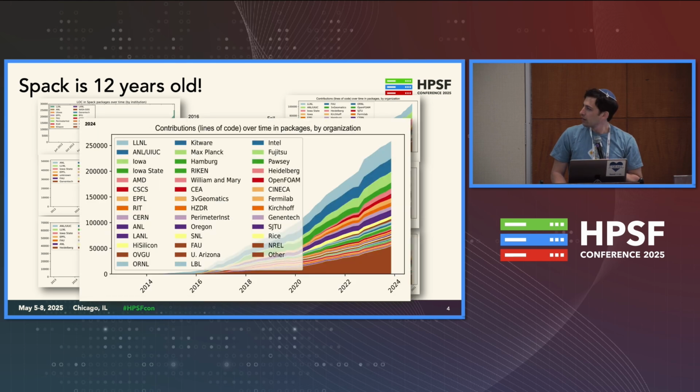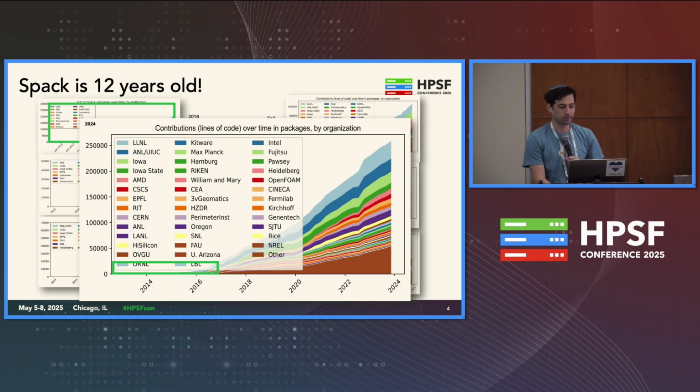In the most recent version, from late last year, it's a little less than 10%, maybe 8% from Livermore, and a huge variety of institutions represented. That 2016 graph I showed is this portion right here.